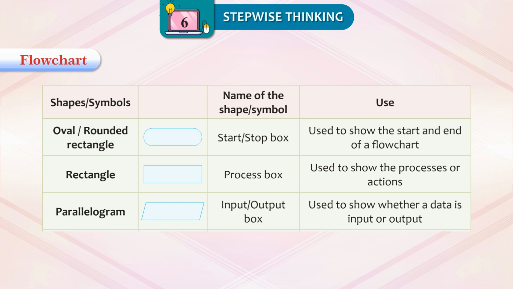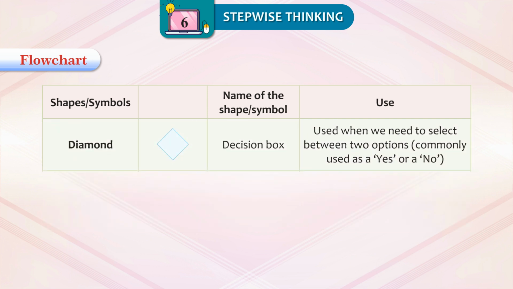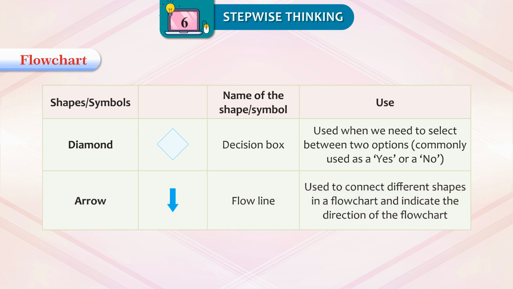Input or output box. Used to show whether a data is input or output. Diamond. Decision box. Used when we need to select between two options, commonly used as a yes or a no. Arrow. Flow line. Used to connect different shapes in a flowchart and indicate the direction of the flowchart.